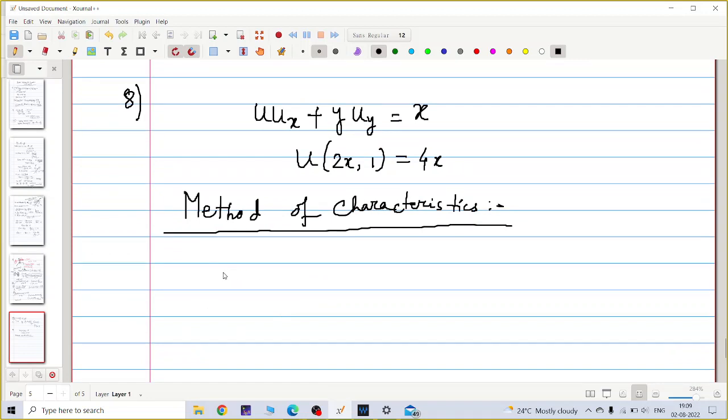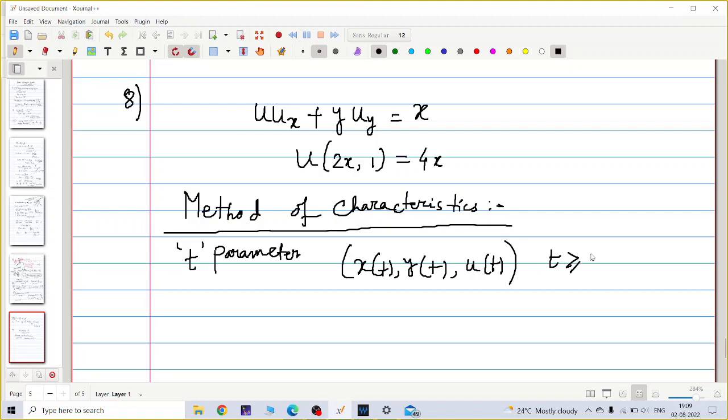Suppose t is the parameter, and the characteristic curve is x(t), y(t) and u(t), for suitable t greater than or equal to 0. Time is always non-negative. So x(t), y(t) and u(t) are characteristics of this equation. This means it satisfies this equation.